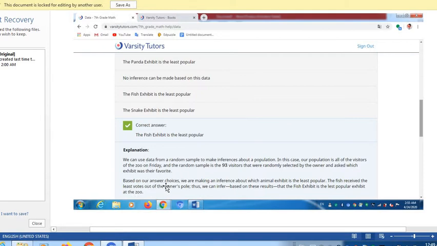Based on our answer choices, we are making an inference about which animal is the least popular. The fish received the least votes out of the owner's poll. Thus, we can infer based on these results that the fish exhibit is the least popular exhibit at the zoo.